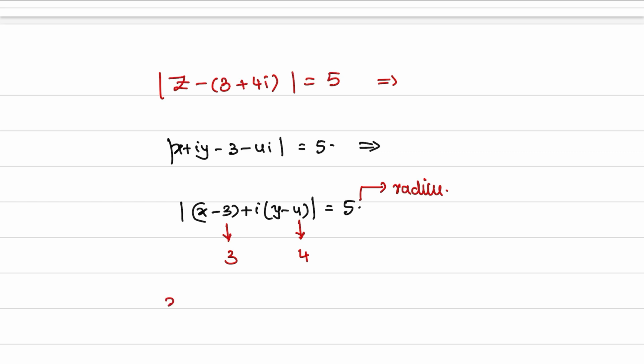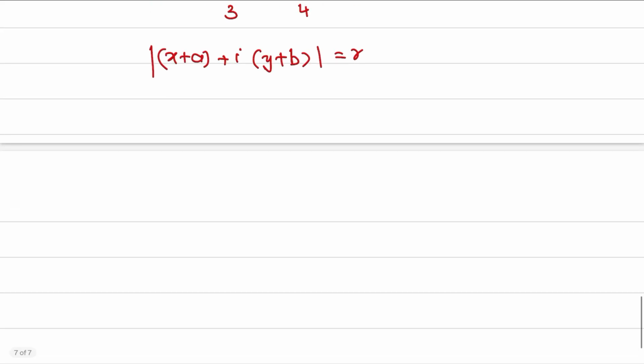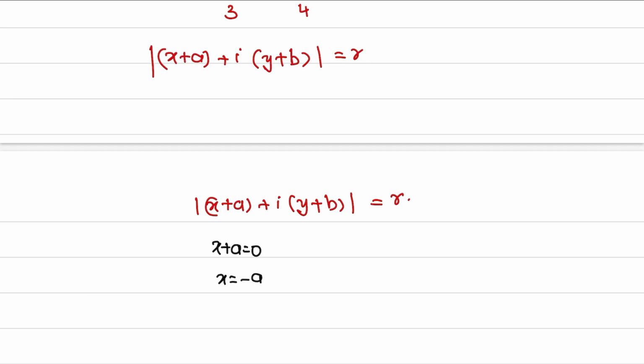For example, it is like this: modulus of (x plus a) plus i into (y plus b) is equal to r. What does it represent? In this, you make x plus a equal to 0, that means x is equal to minus a.